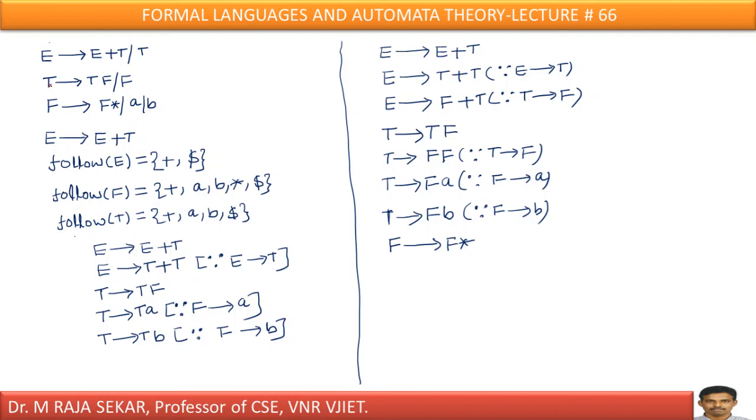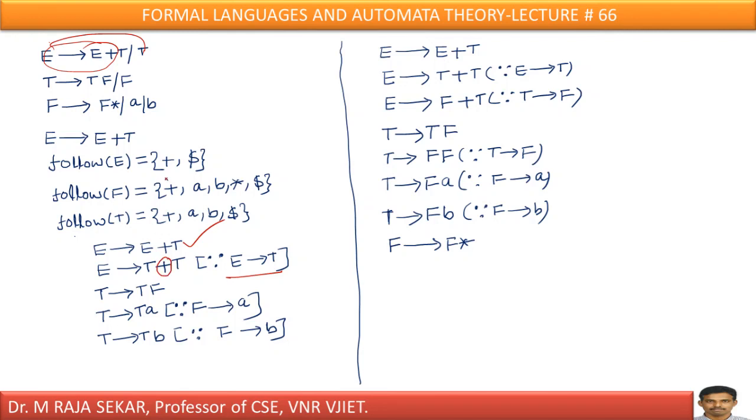Now, let me construct follow of T. I have the production E goes to E plus T. Now there is also a production E goes to T. As E goes to T, I can replace E by T. I need follow of T. Which one is following T?